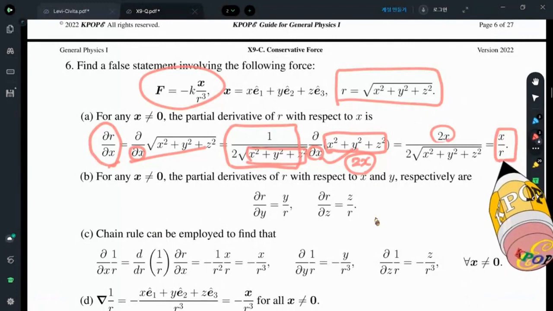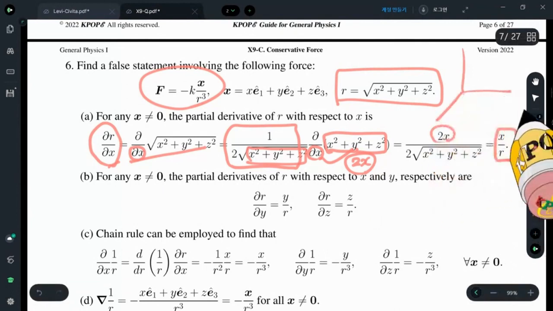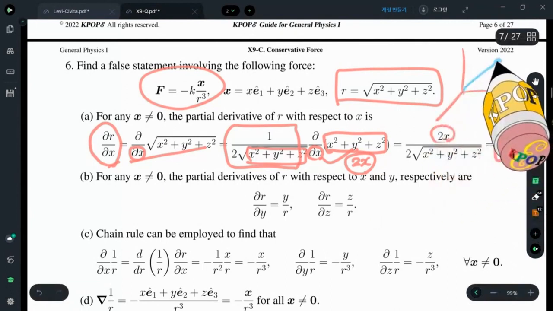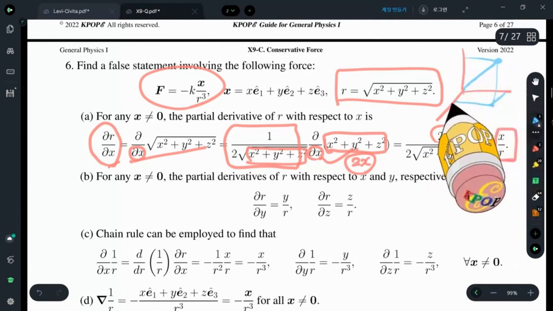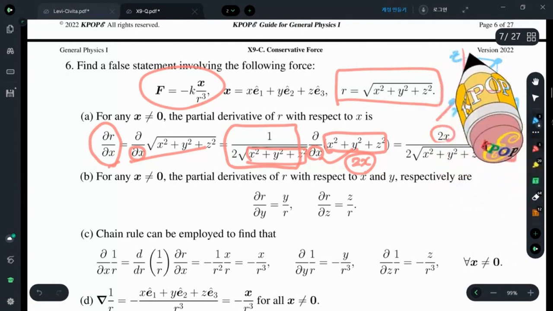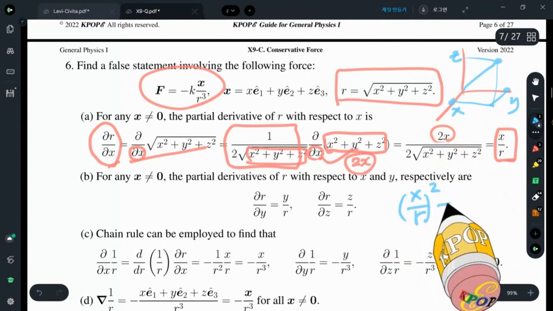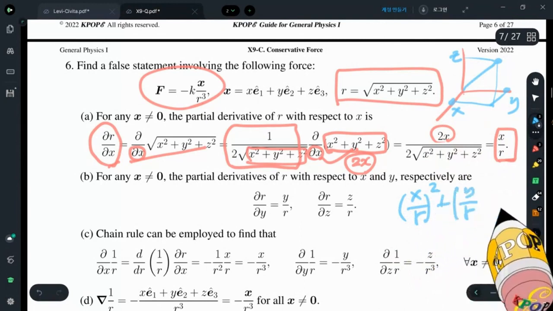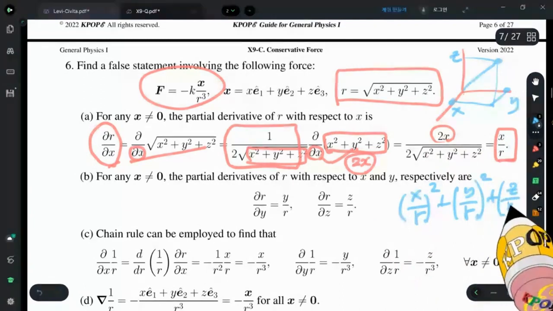Actually, this is the directional cosine. I have a radius, and this point has projection onto x, y, and z, and these are x over r, y over r, and z over r.